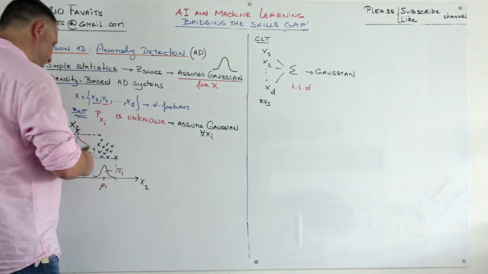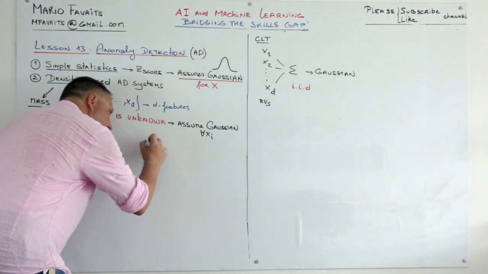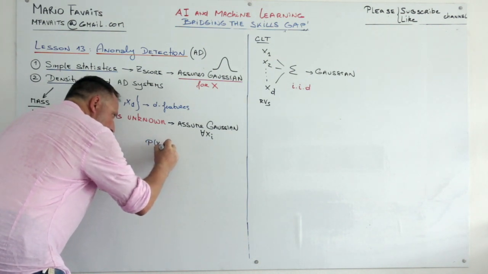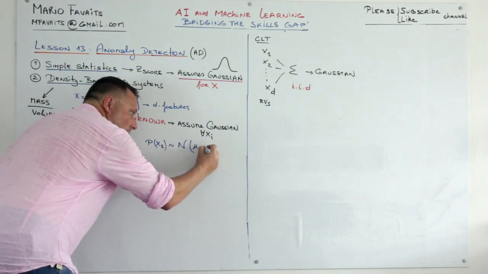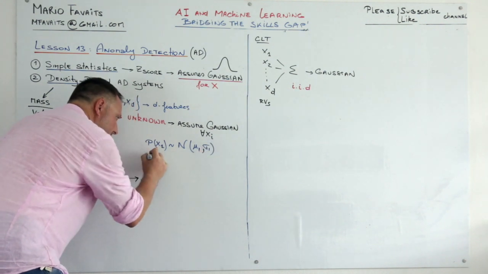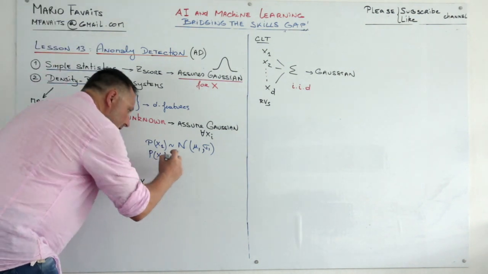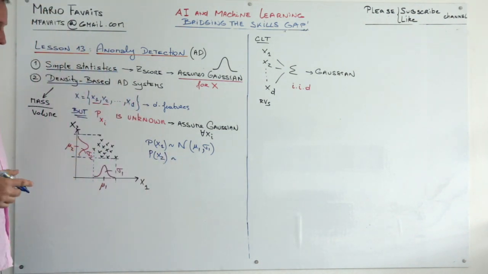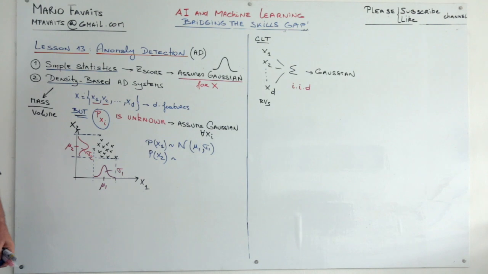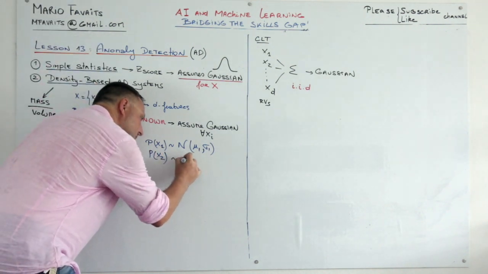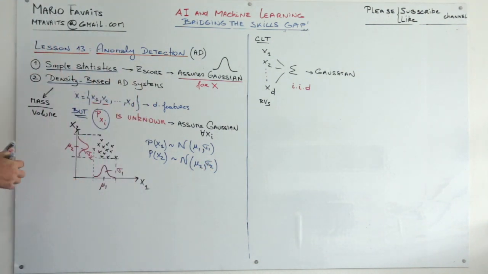So we assume that x1 and x2 are Gaussian, so the probability of x1 is normally distributed with a mean mu1 and a standard deviation sigma 1, and p of x2, the probability density function, is also normal here, and it has the parameters mu2 and sigma 2.